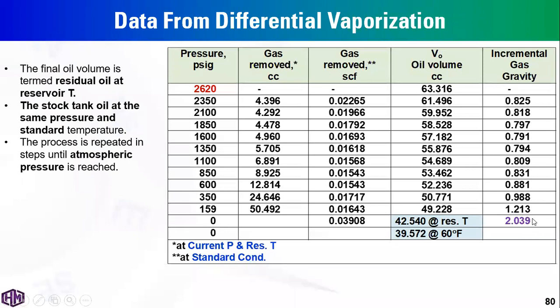So the gas gravity is increasing at steps of lower pressure, and at the last step, as you can see, we have zero pressure in PSIG at reservoir temperature, and at the same pressure, we let the PVT cell be cooled down to the surface or standard temperature, 60 degrees Fahrenheit.